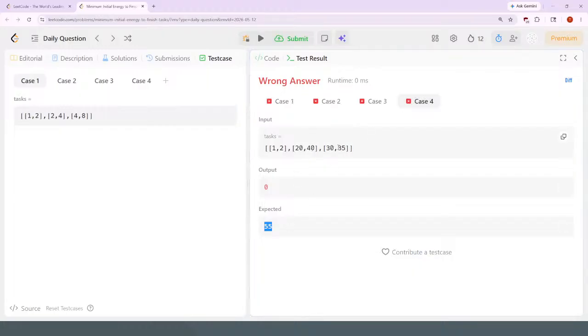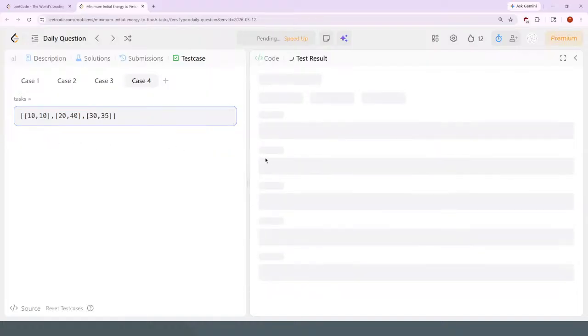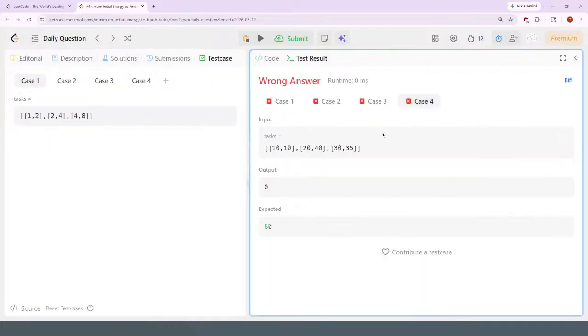Okay, so it's like 35 plus the 20, and then the 1, 2 can be done after that. Although if this wasn't 1, 2, but say 10, 10, then this might be 65 or 60. 60.